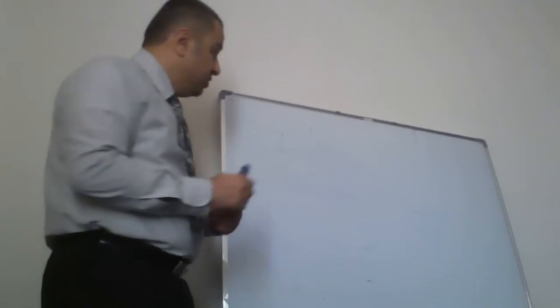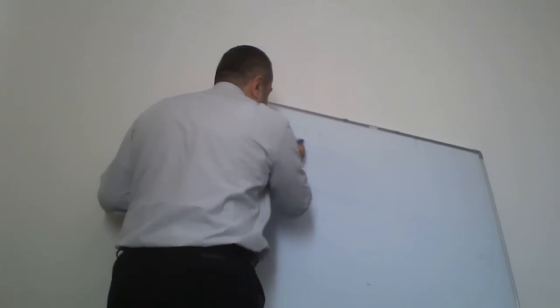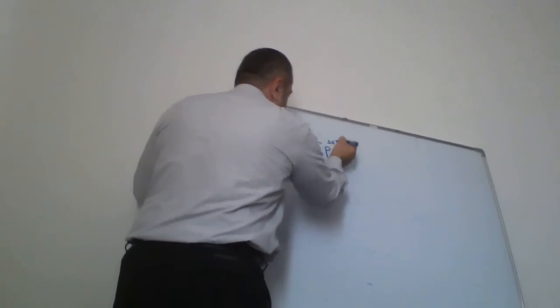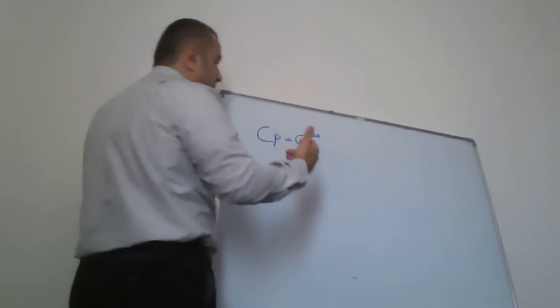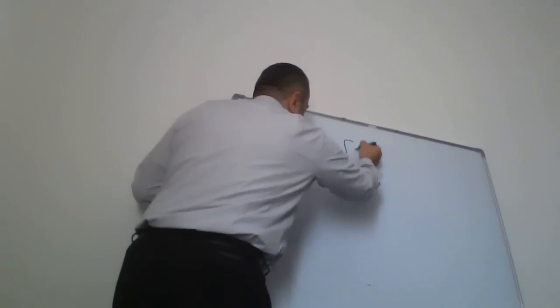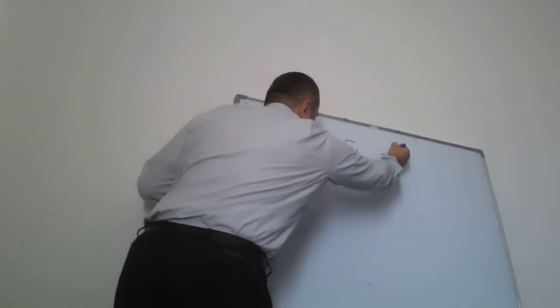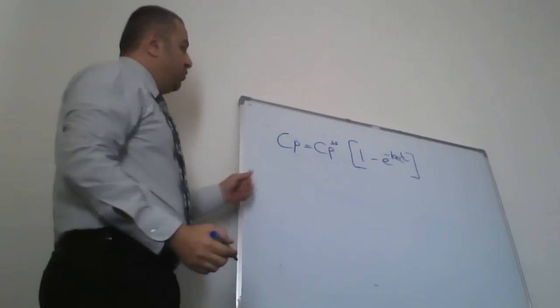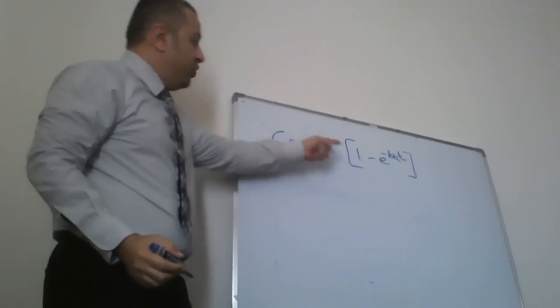Okay, so remember this equation, Cp is equal to CPSS, which is K0 divided by KLPV, multiplied into 1 minus e to the power of minus KLP t. Now I want to get to half the CPSS. So when is this time?